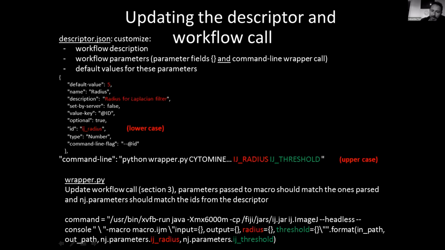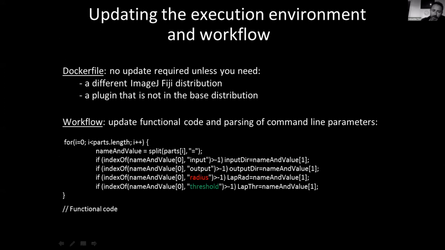Here again, we pass some parameters to the macro so that it can parse them from the command line. You should make sure that these parameters exactly match the IDs you've been using here, and that the names of the parameters passed to the macro are also consistent with the parameters that are parsed by the macro, so that everything can communicate.